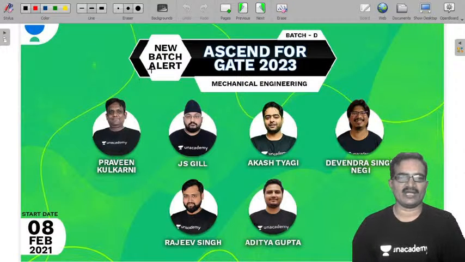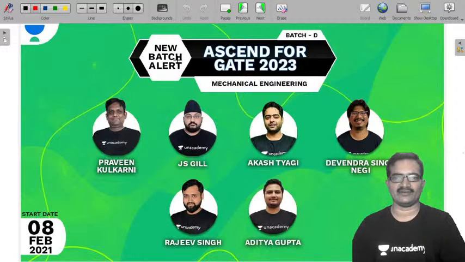Now we are happy to announce that we are going to start new batches for GATE 2022 and 2023 in different disciplines. In mechanical engineering, we started two batches, one for GATE 2022 and the other for GATE 2023. There is an Ascend batch for GATE 2023.